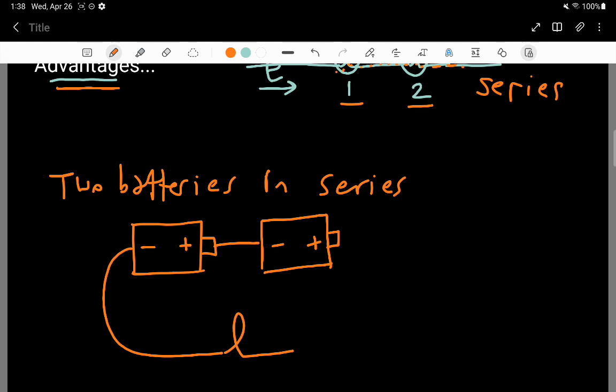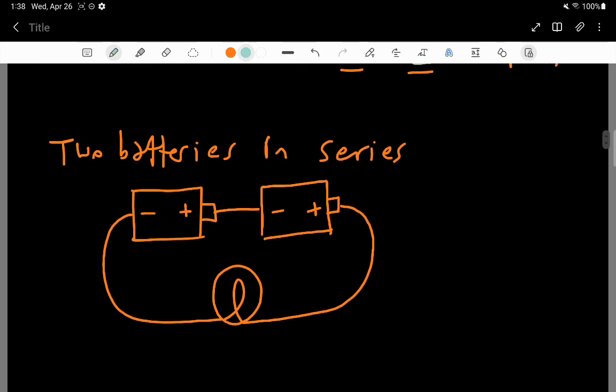I'm going to hook them up to run a light bulb. So I used a couple of wires to connect these batteries, which are in series, to a single light bulb. The interesting thing is if this is a 1.5 volt battery, and this is a 1.5 volt battery, this situation is actually equivalent to using a single battery, plus on the right, minus on the left, that is 3 volts.